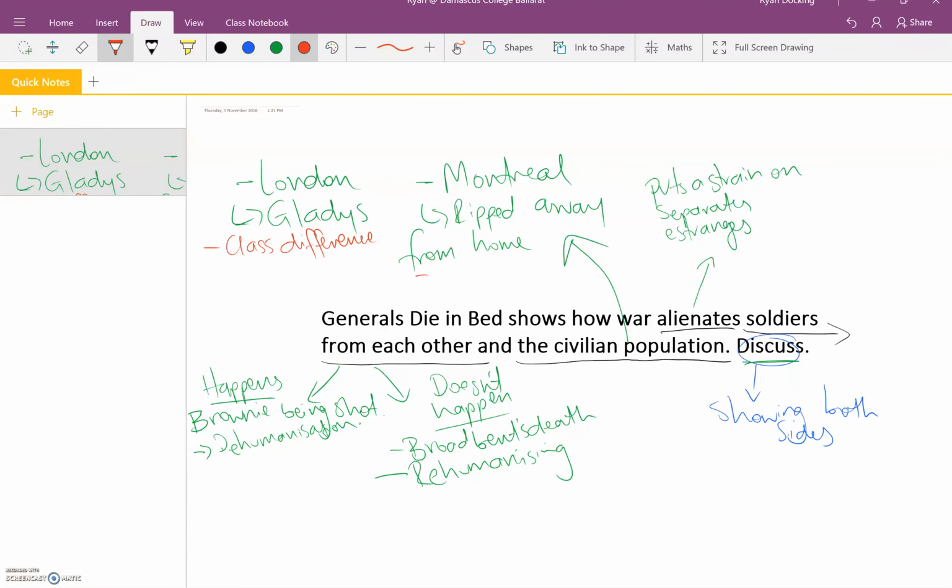For Montreal, it's a loss of innocence, isn't it? Brownie being shot, we've got loss of innocence again. And Broadbent's death, we could say that's loss of innocence as well, couldn't we?